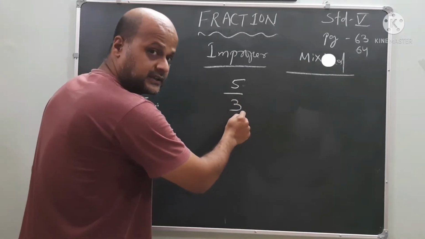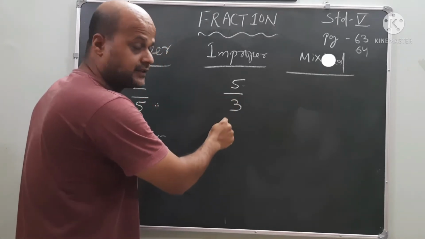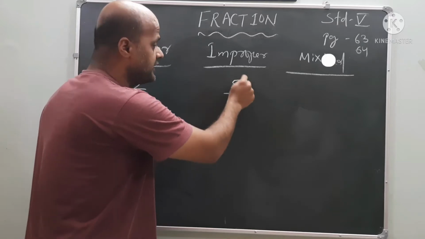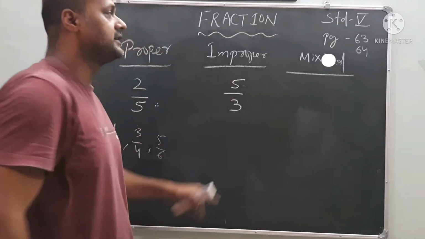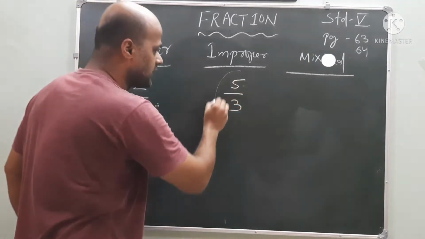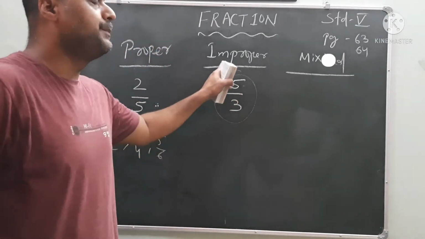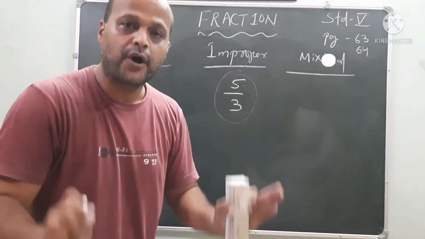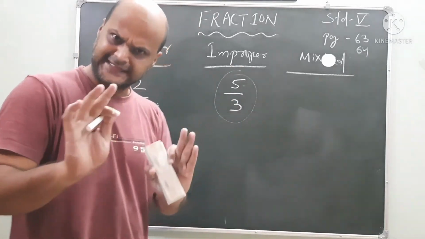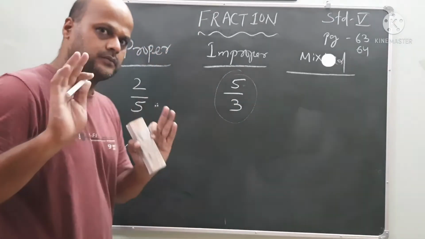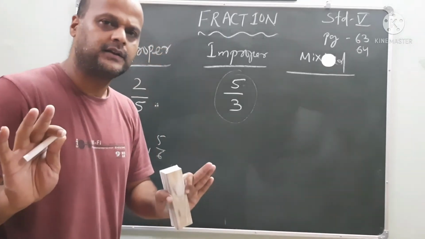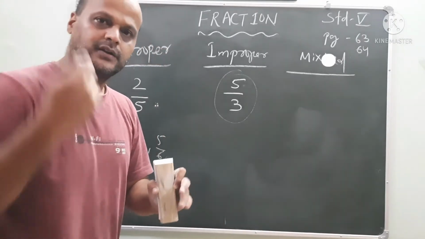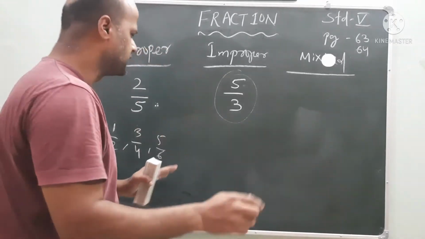Which one is the denominator? 3. 5 is greater, so the numerator is greater than 3. Then that whole fraction, I will tell, is an improper fraction. Easy. Only one thing: numerator bigger, denominator smaller. Whatever the number, you put it.